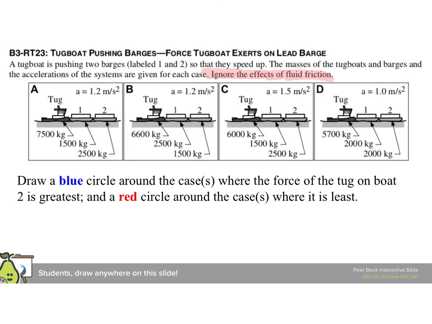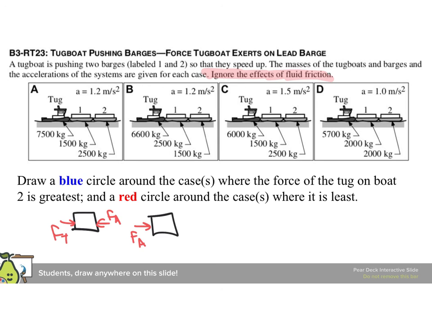So we look here and we say, what are the forces on boat 2? So let's draw, here's boat 2, and boat 2 is getting acted upon, of course, by boat 1. I'll call that FA. And boat 1 is getting a force which is FA the other way, plus the force from the tug.